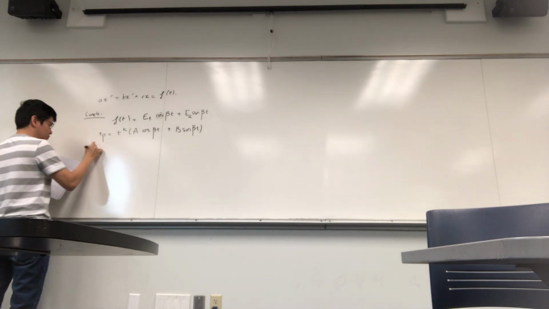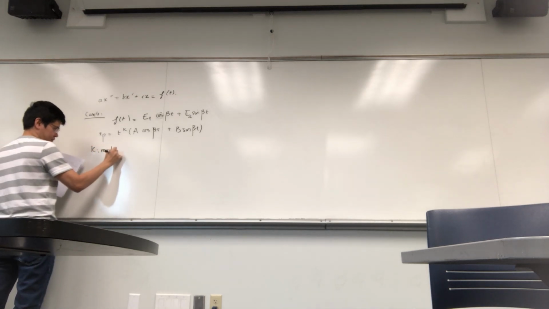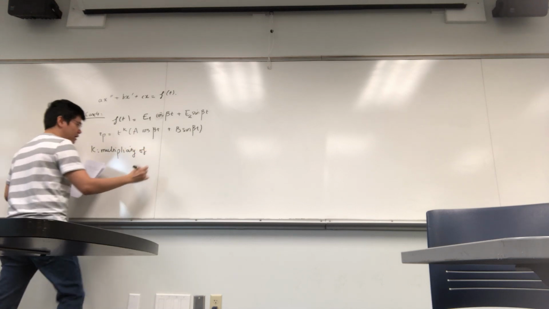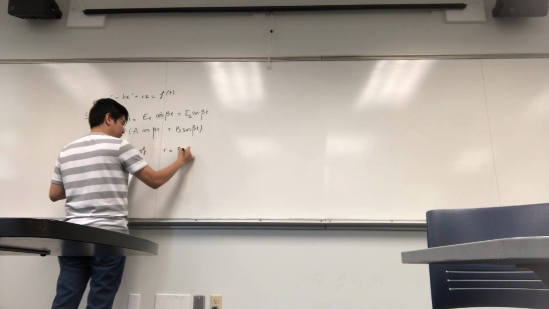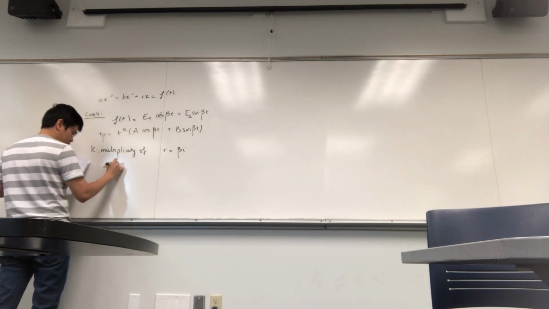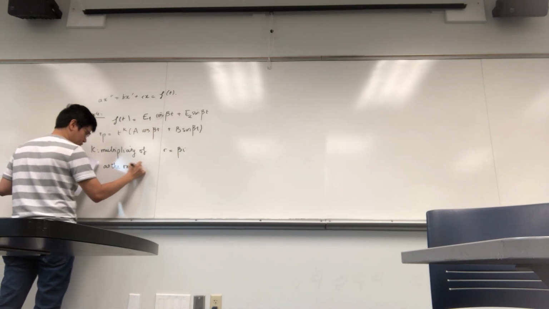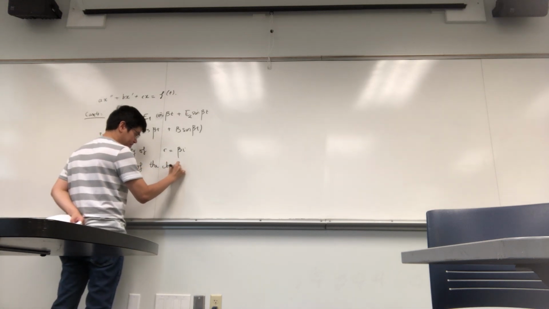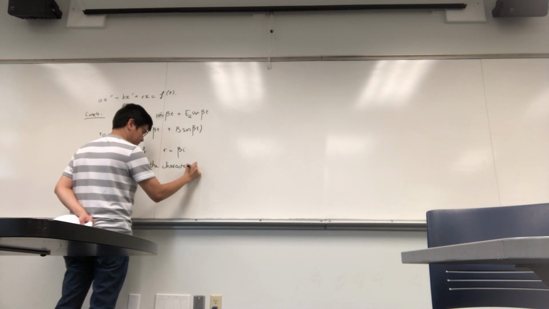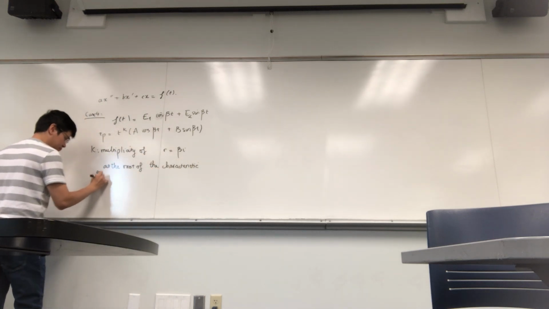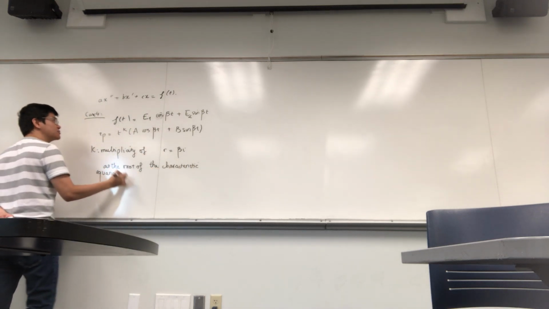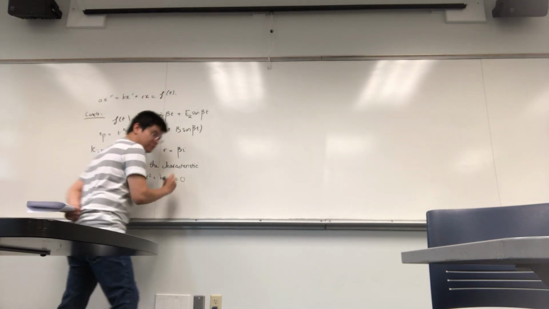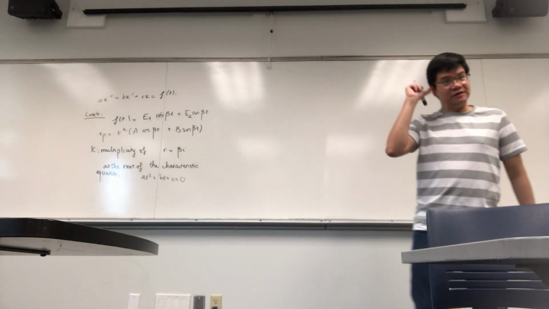So k is the multiplicity of beta i as a root of the characteristic equation. The characteristic equation will be a r squared plus b r plus c. Let me explain again.